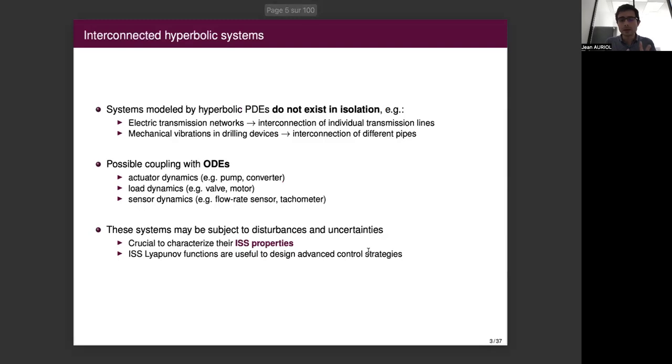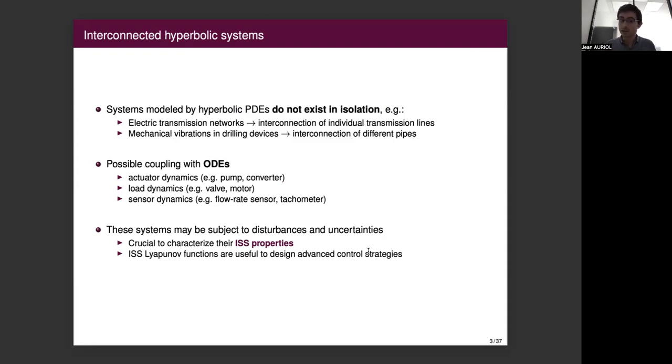Usually hyperbolic PDEs do not exist in isolation, and you have interconnections, either with other PDEs. It can be the case, for instance, when you model the mechanical vibrations in drilling devices, where you have different pipes, or electric transmission networks, where you have interconnections of individual transmission lines.